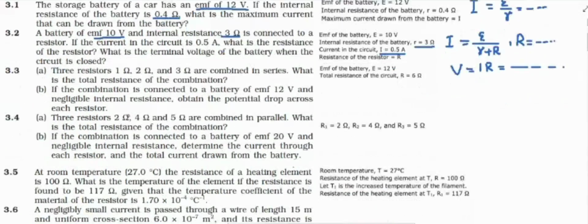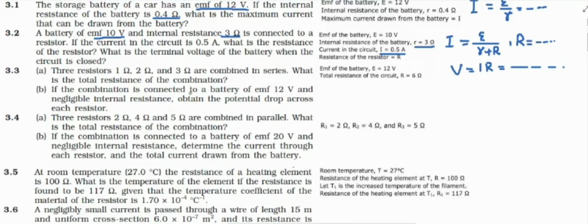Then next question 3. Three resistors 1, 2 and 3 are in series. What is the total resistance of the combination? Total resistance is 6 ohm, series combination.